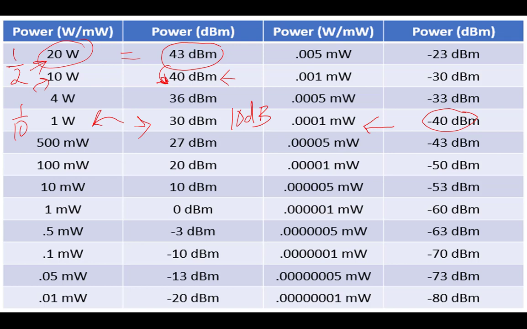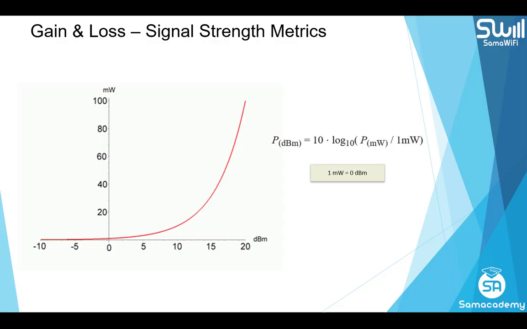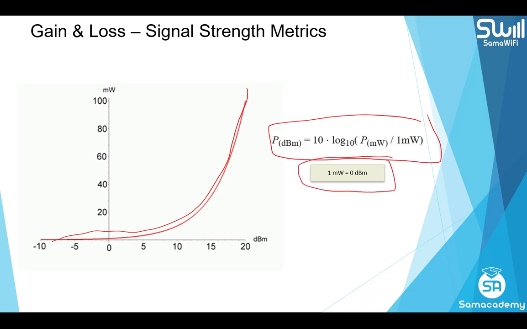Okay, so you will see that 10 watts divided by 10 is 1 watt. Okay, the relationship between dBm and milliwatts is logarithmic, as you can see on this image. And you can see the formula here, and you can see the equivalents that we use on the table before.